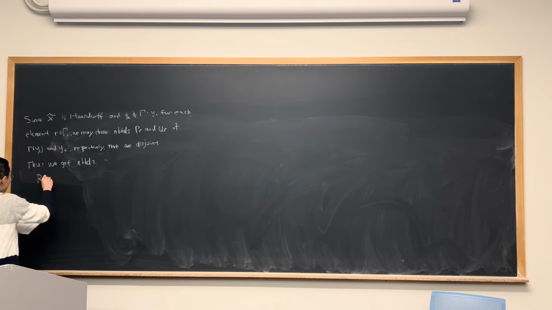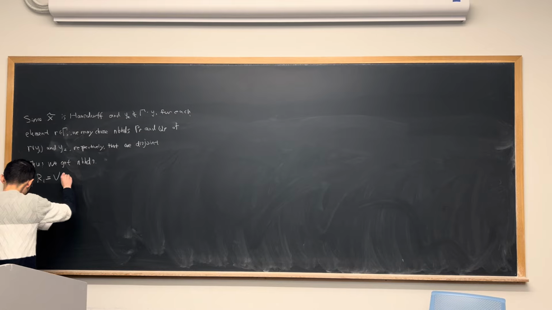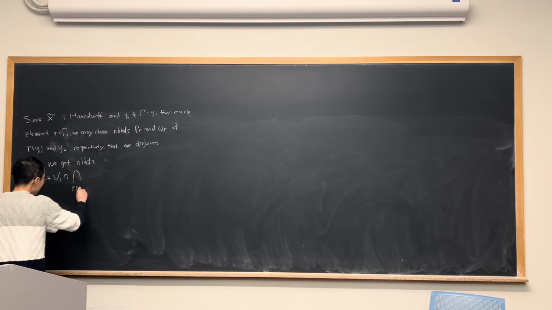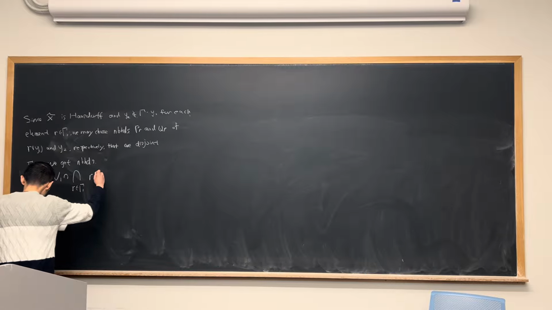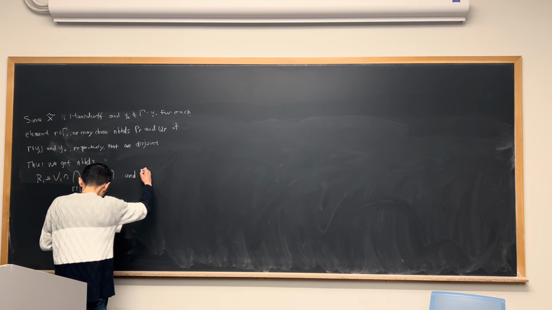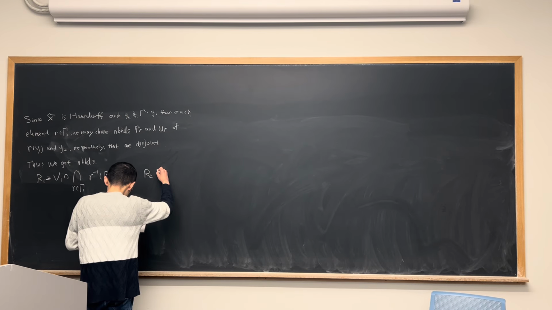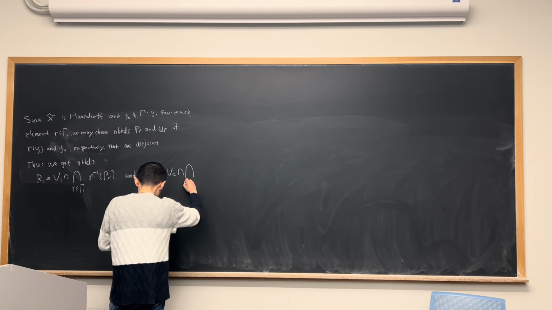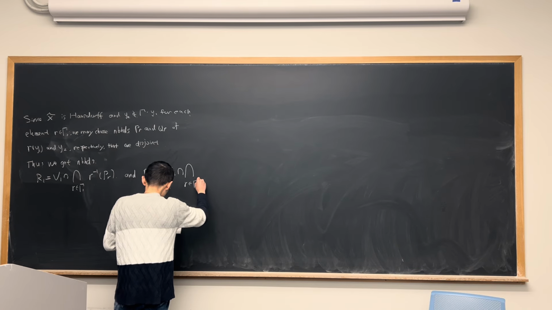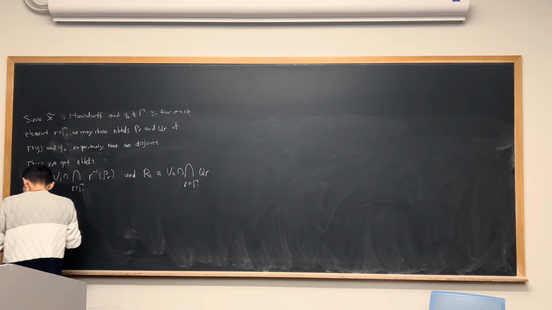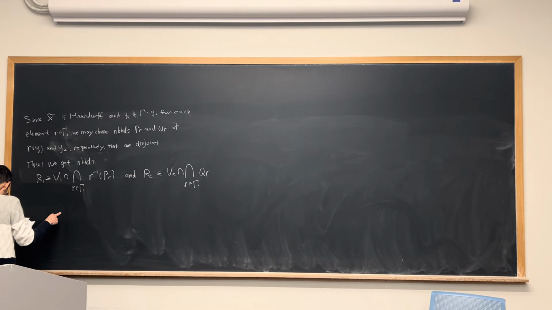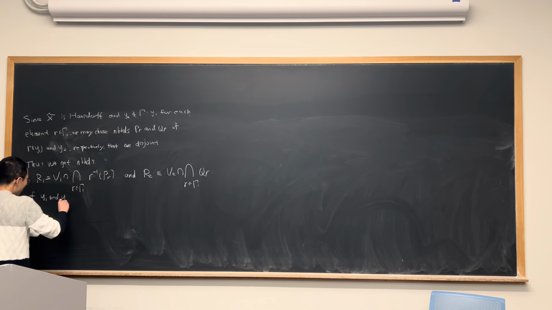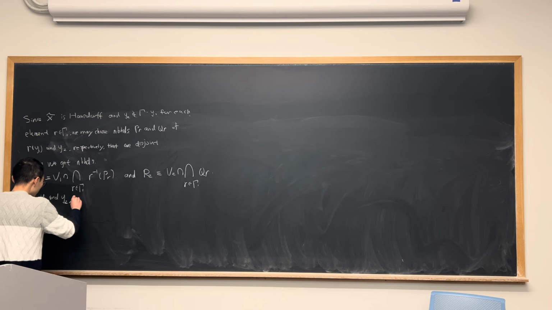So this R1, which is defined as V1 intersect the intersection over r in gamma 1 of r inverse of PR, and then this R2, which is given as V2 intersect the intersection over r in gamma 1 of QR, of this y1 and y2 respectively.